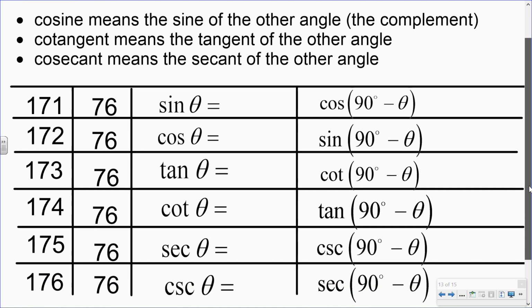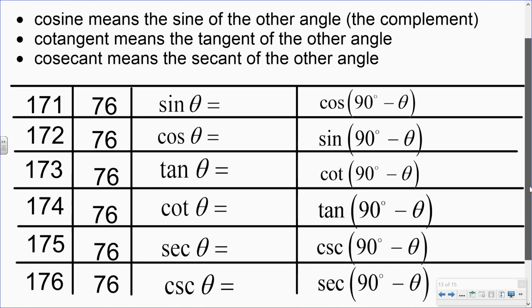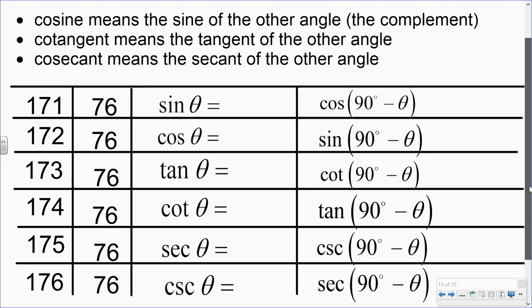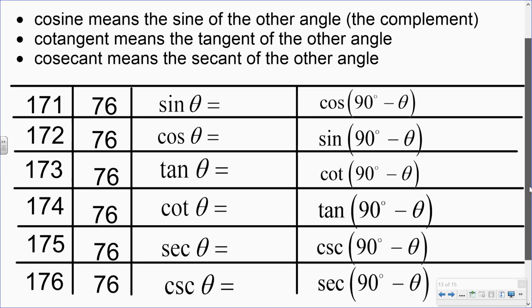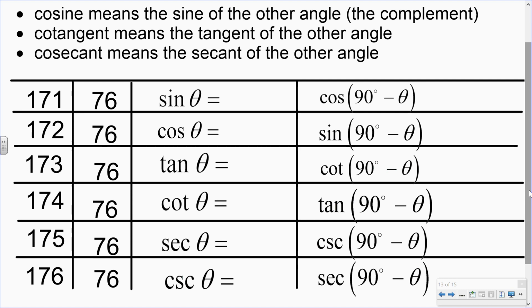So cosine means the sine of the complementary angle. Cotangent means the tangent of the complementary angle. Cosecant means the secant of the complementary angle. And that will finish up our formulas. And I have one more proof that I want us to do together. So let me just give you a moment to get that all copied down.